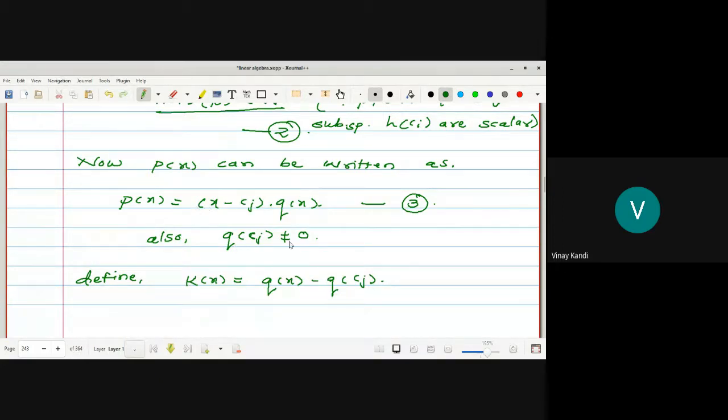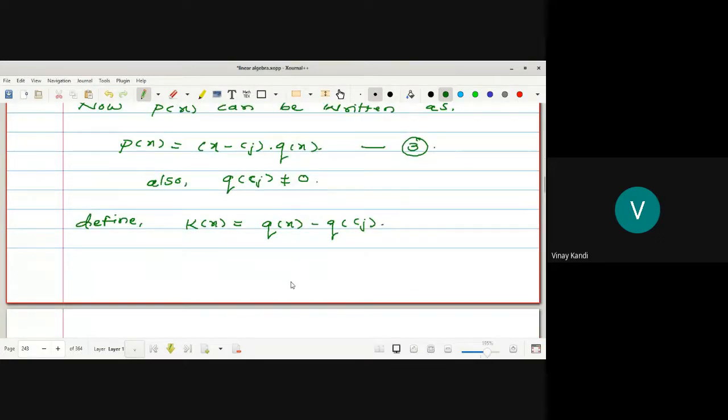Okay, now define one polynomial k of x is equal to q of x minus q of cj. Then what is k of cj? Put x is equal to cj, which is q of cj minus q of cj, is equal to 0.